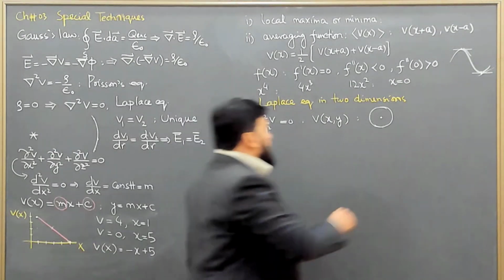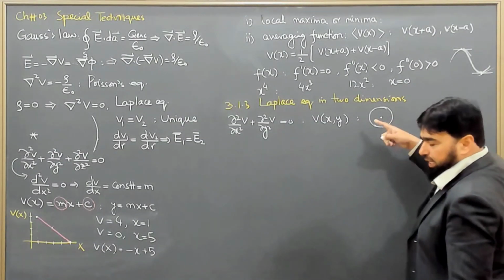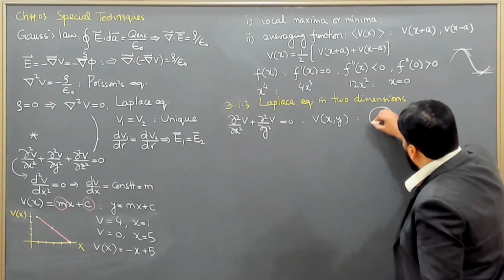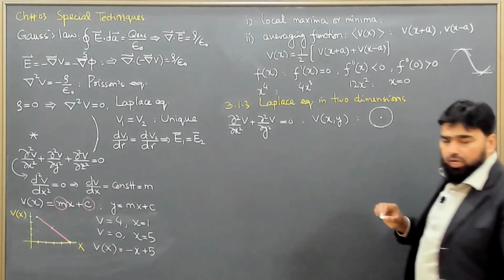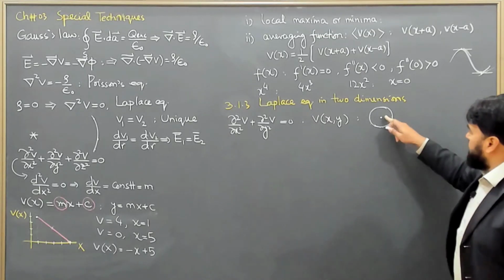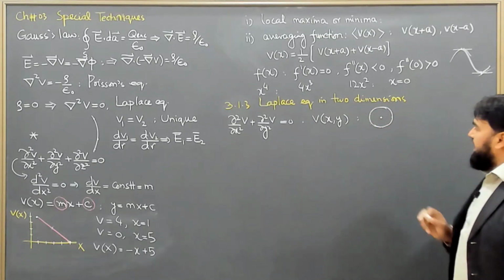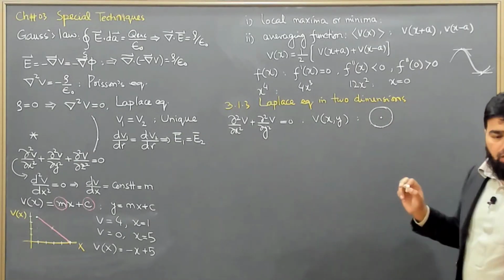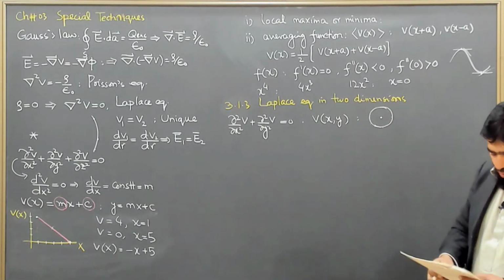Now when I consider a surface, what will the average value be? Any circle will concentrate toward the center as the average value.